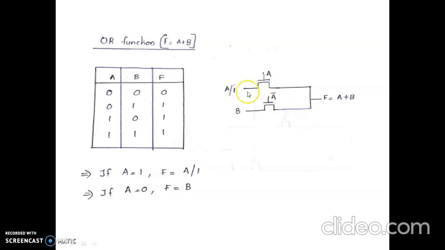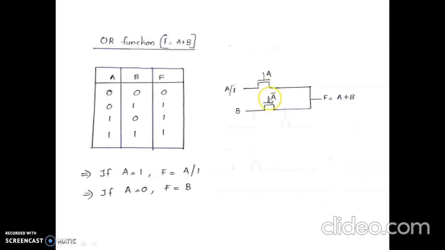Then next, OR function, F is equal to A plus B. Here the truth table: 0 0 gives 0, 0 1 gives 1, 1 0 gives 1, 1 1 gives 1. Here also I am taking A and A complement. Here two conditions, A is equal to 0 and A is equal to 1. When A is equal to 0, then the output is the same as B. When A is equal to 1, then the output is 1 or A. Right here, either A or 1.